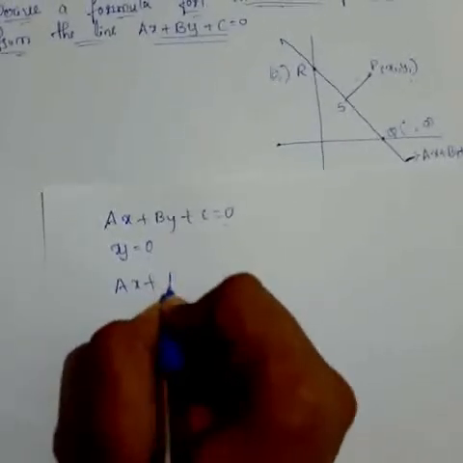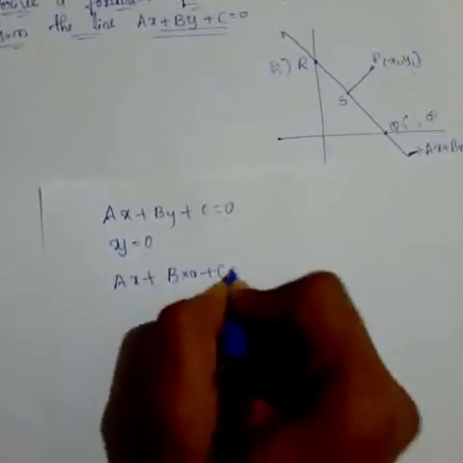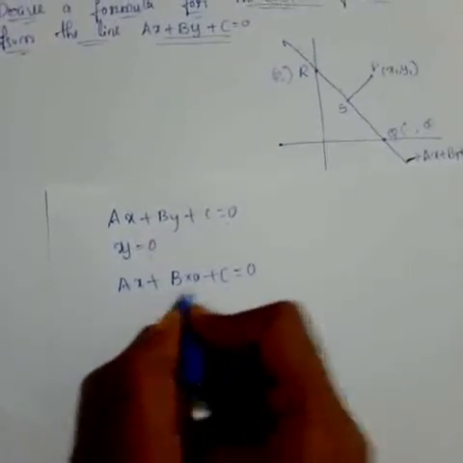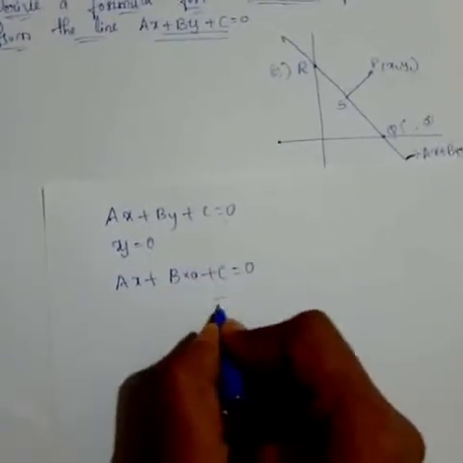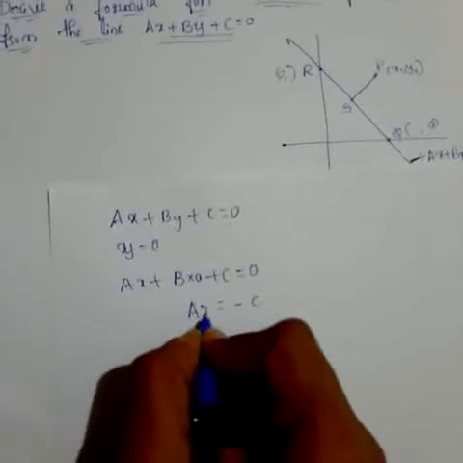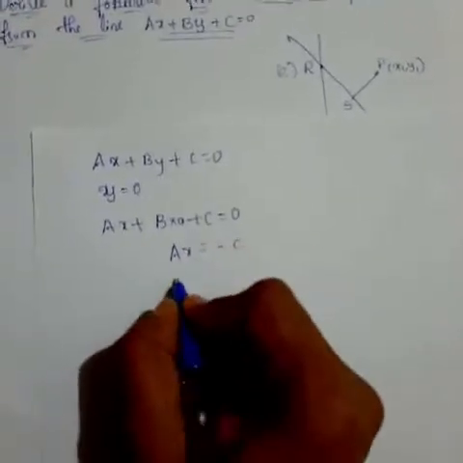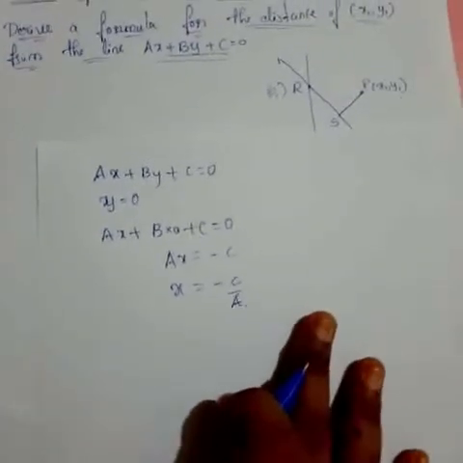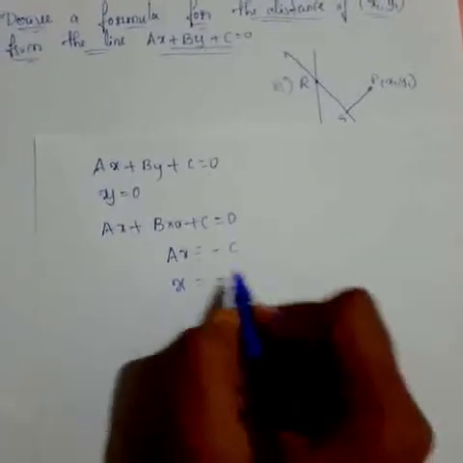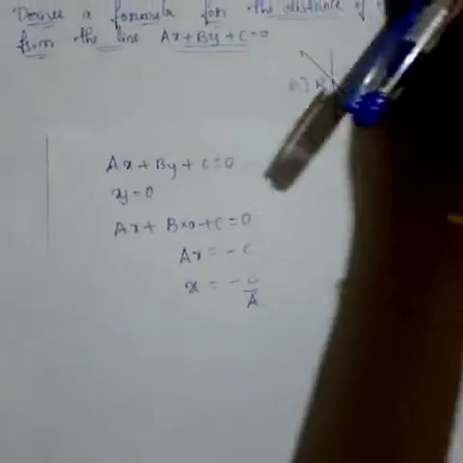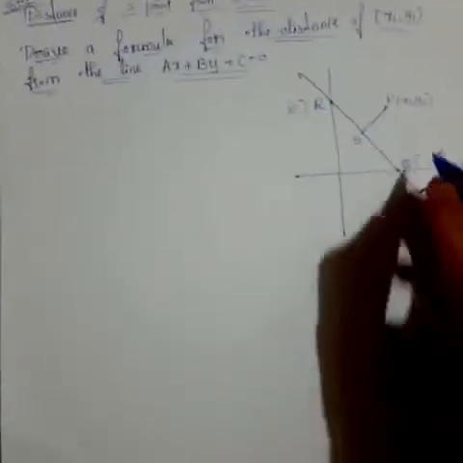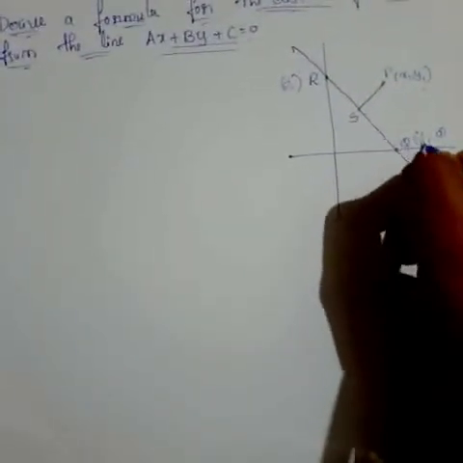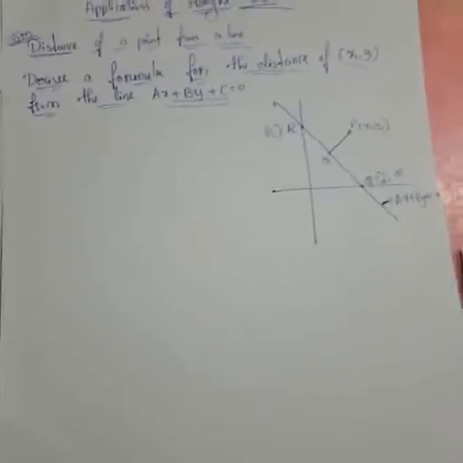Ax plus b into 0 plus c is equal to 0, and b into 0 is 0. This plus c goes to the RHS, it becomes minus c. This is ax, so x will be minus c by a. We got x is equal to minus c by a. This would be the coordinate of this point: minus c by a.